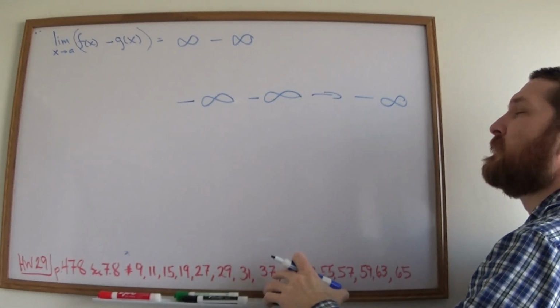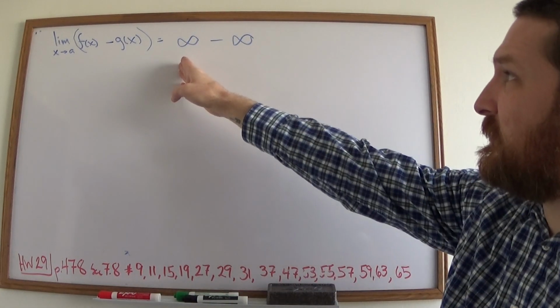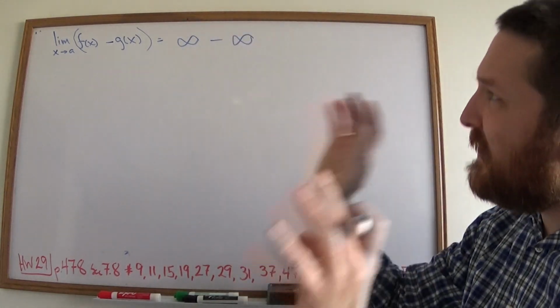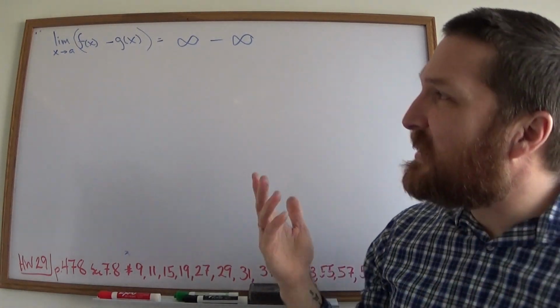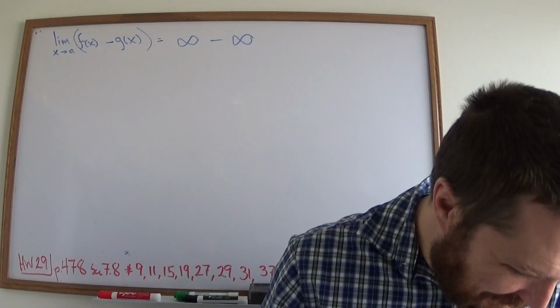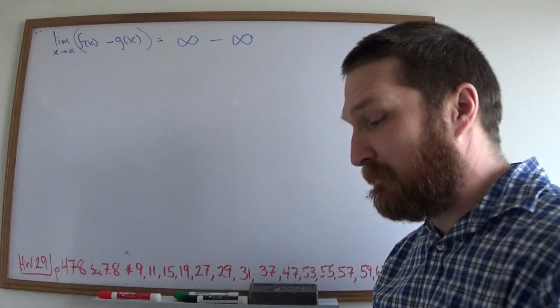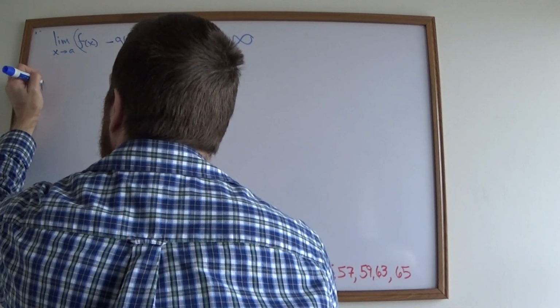So you have to be careful with this one. It's only positive infinity minus infinity. If you have some limit that does that, then you're in a world of hurt. These really suck. I did one earlier, and I just kept getting the same thing over and over, and it was terrible.